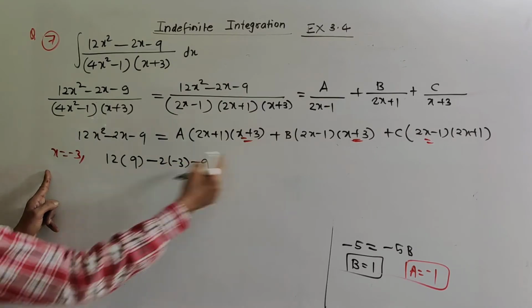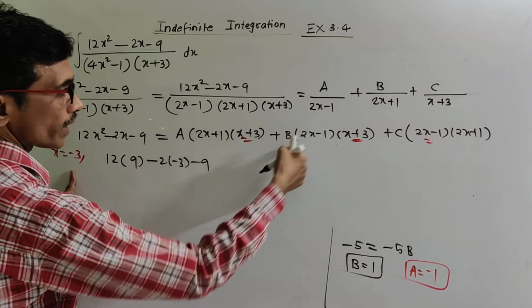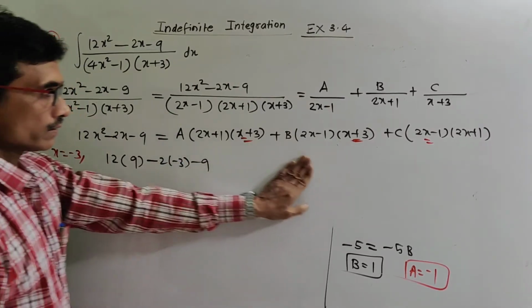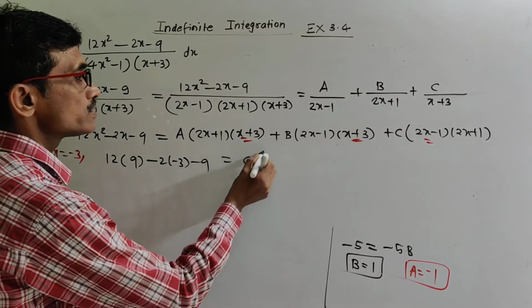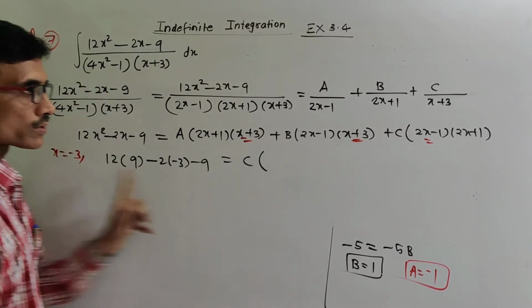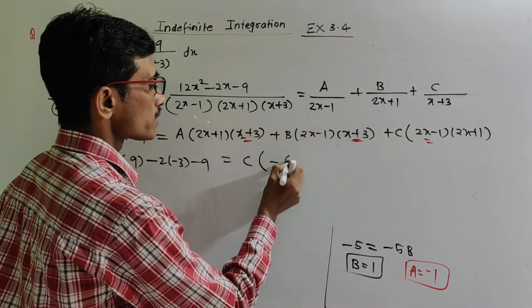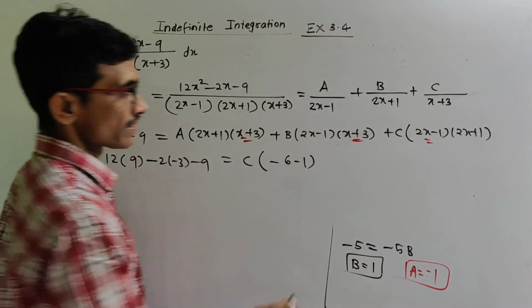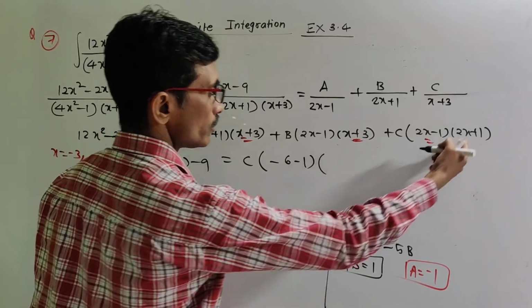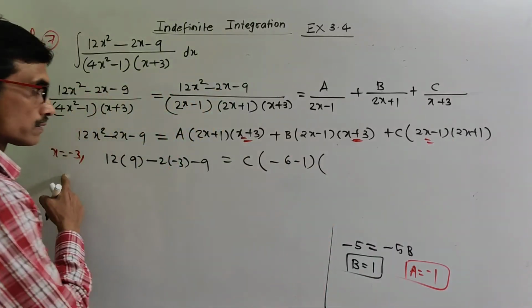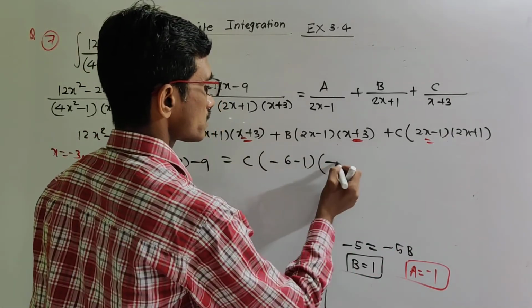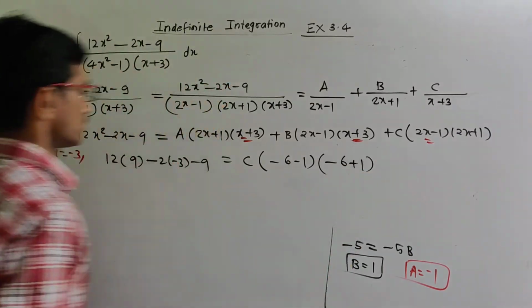Put x is equal to -3 over here, these two parts are 0, then right hand side will be c into, we put x is equal to -3, 2 into -3 will be -6 -1 and 2 into -3 that is -6 plus 1.